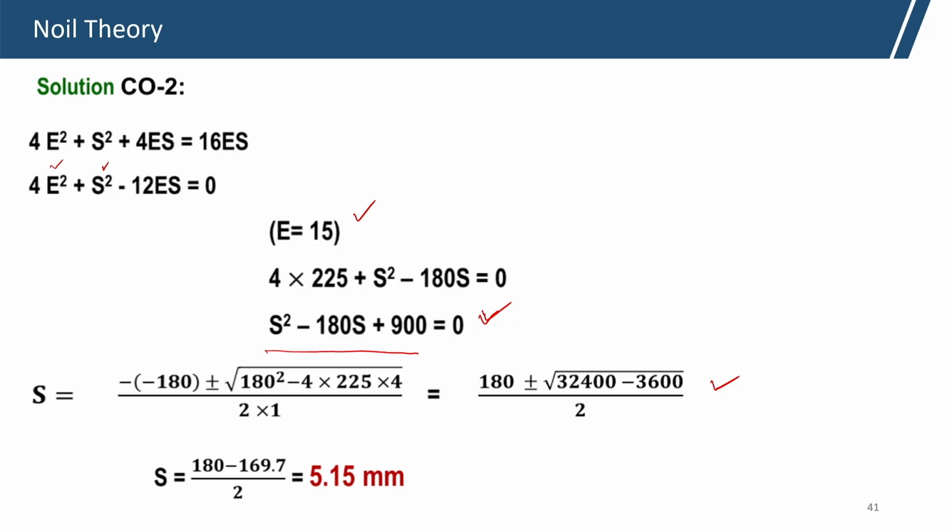If we take the plus sign, S will be too high, so that is not possible. So, we take the negative sign to get the S value 5.15. 5.15 is the feed length. Feed length cannot be very high. So, 5.15 is what has been asked.